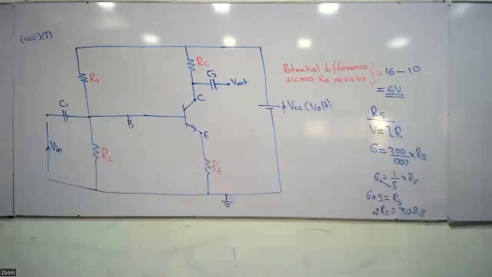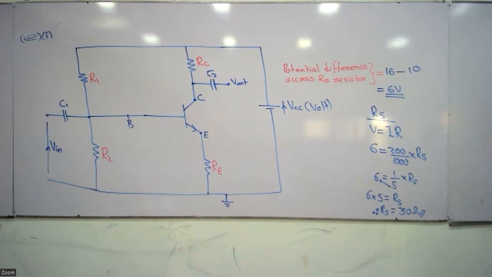Right, final question. E, Roman number 2. State the changes that you would expect in the voltages at the base and the output of the amplifier due to the voltage variation, the ripple voltage of the power supply.